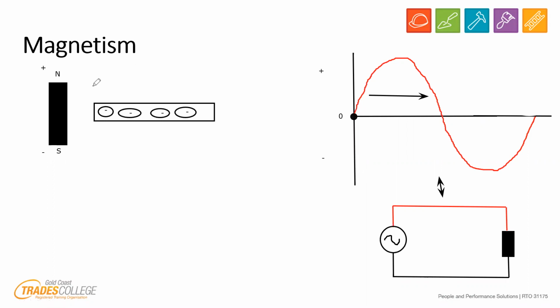What happens in the positive cycle is this is going to start to turn in this direction, like that. And what we're going to get eventually, it's kind of hard for me to do.